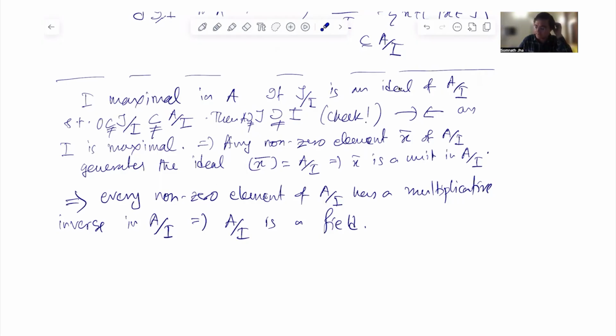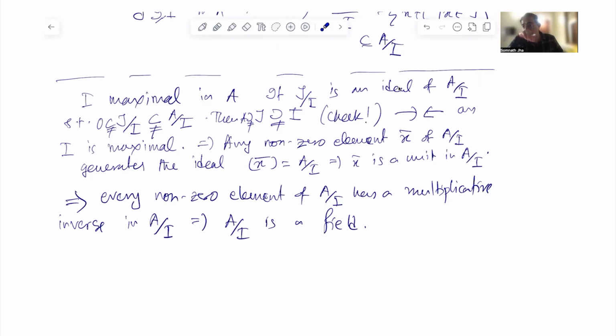So no such ideal exists. So there are only two ideals in A mod I, which means if you take any non-zero element of A mod I, then that element generates the whole ring A mod I.